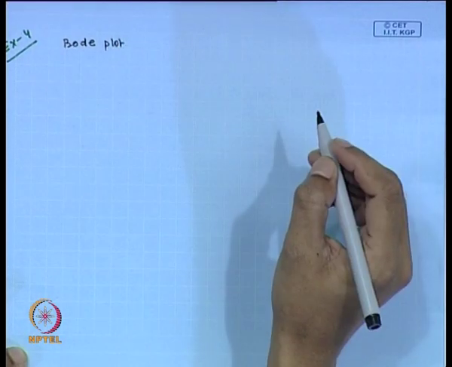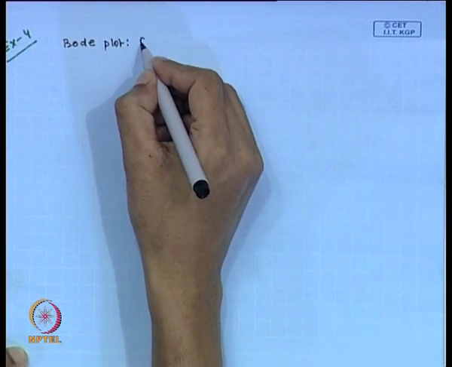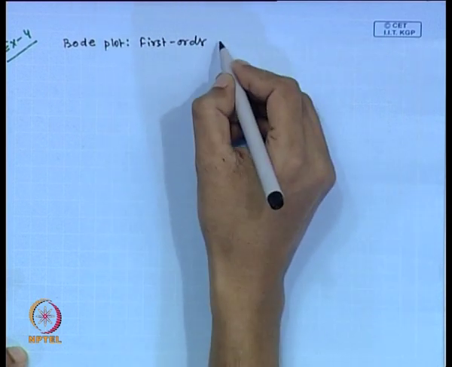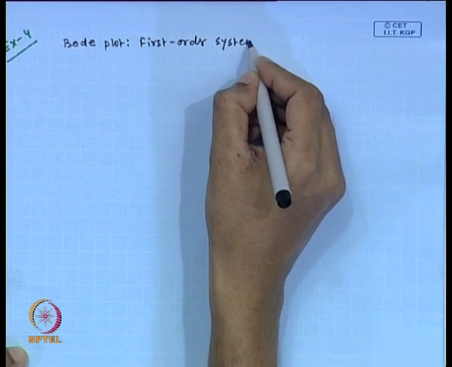Next, we will discuss the construction of Bode plot for a first order system, which is quite complicated. First order system.